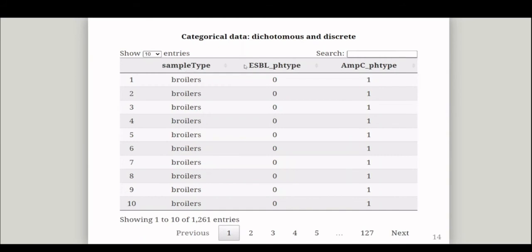The second type of data we get is the ESBL phenotype and the AMPC phenotype. These categories are recorded as dichotomous variables, where the outcome is 0 or 1. 0 means false or negative, whereas 1 means positive.